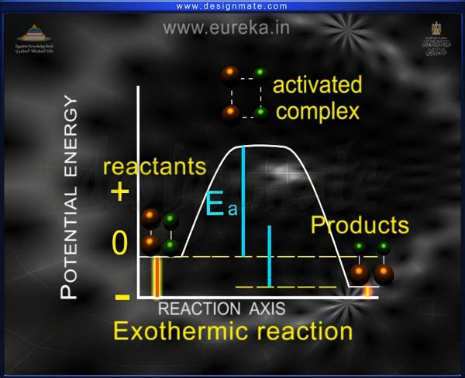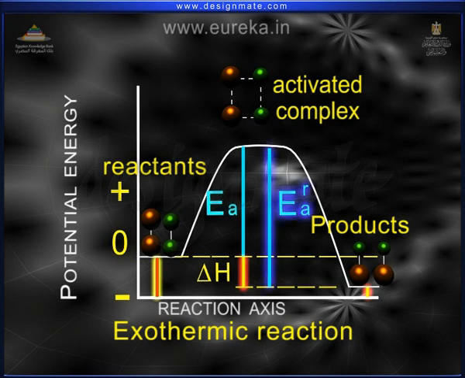The activation energy for a reverse process of a reversible reaction is ERA. Thus, the enthalpy change in a forward reaction is equal to the difference between the activation energy EA of a forward reaction and the activation energy ERA of a reverse reaction.